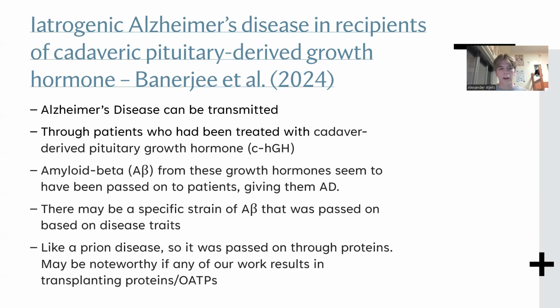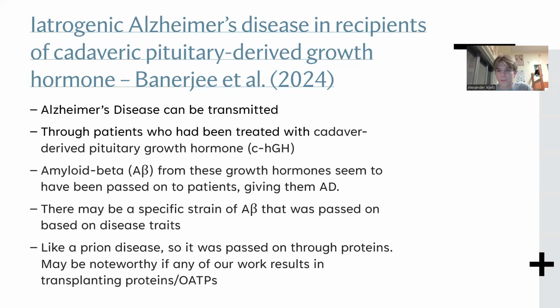It might have been a specific strain of this amyloid beta that was passed on, based on how the Alzheimer's disease acted in the patients. But I just thought this was interesting, that Alzheimer's disease specifically, because we're looking at it, could be passed on from a person to another person, especially through protein functions.